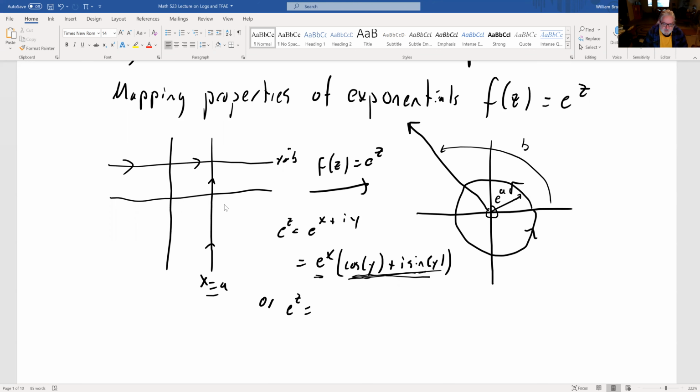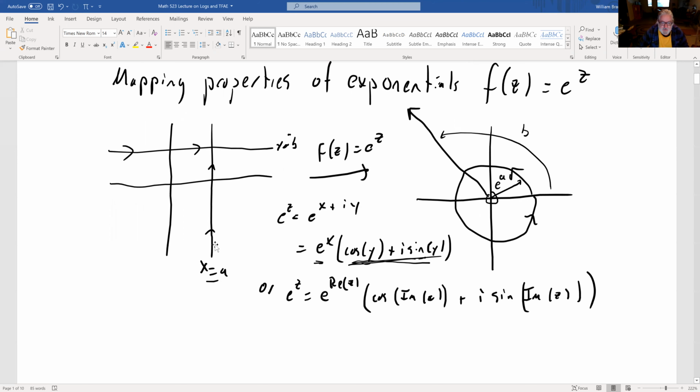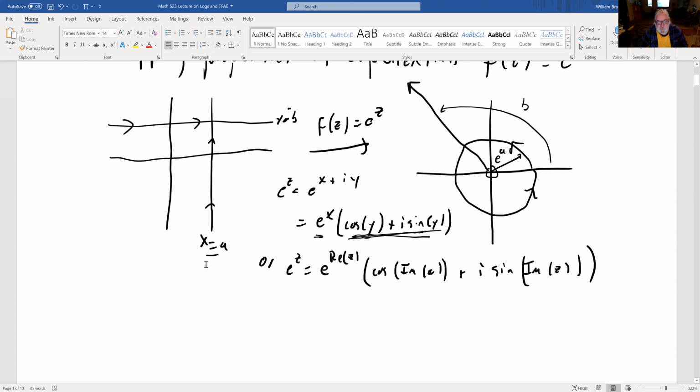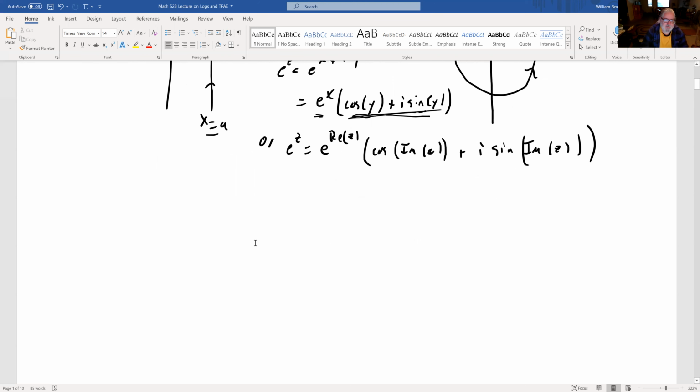So e to the z is e to the real part of z times cosine imaginary part of z plus i sine imaginary part of z. So fixing the imaginary part means you're moving radially, fixing the real part means you're moving in a circle.